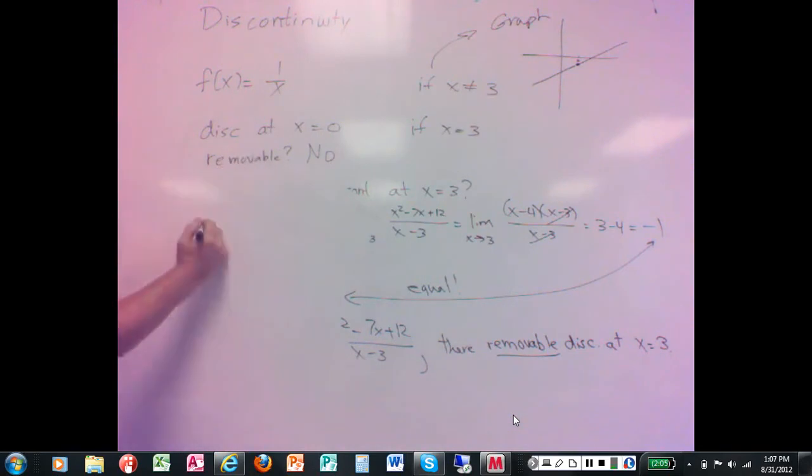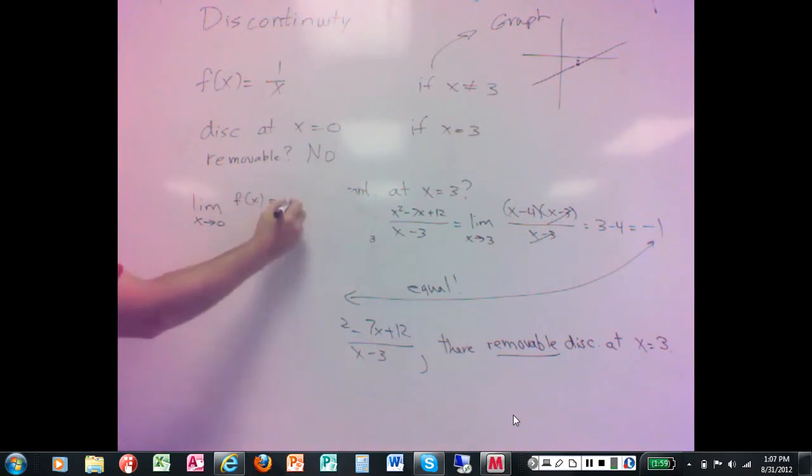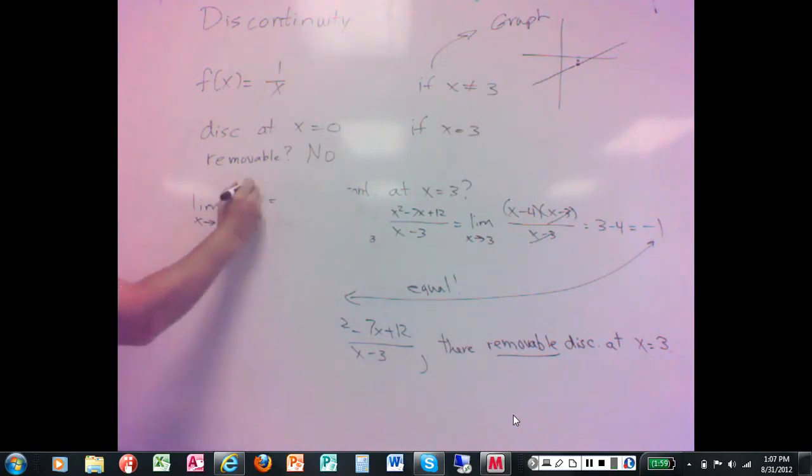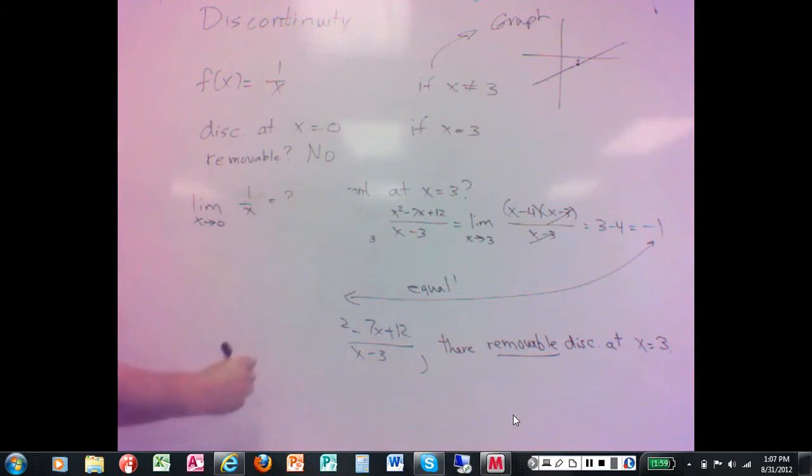What happens to your limit as x approaches 0? What is the limit as x approaches 0 of this f of x, 1 over x? Well, this one's different. This one's not a hole, is it? This one is an infinite limit, isn't it?